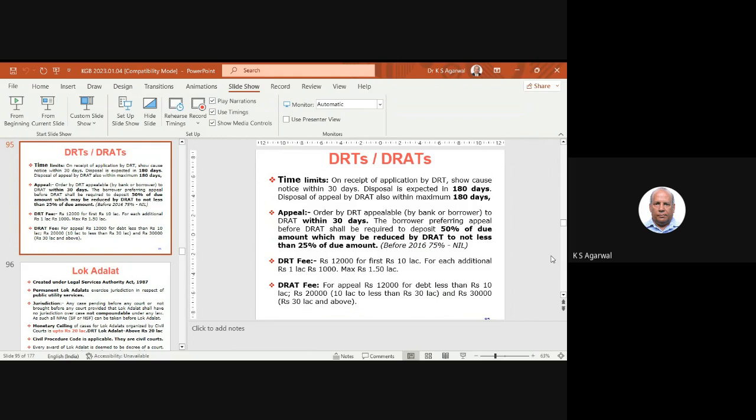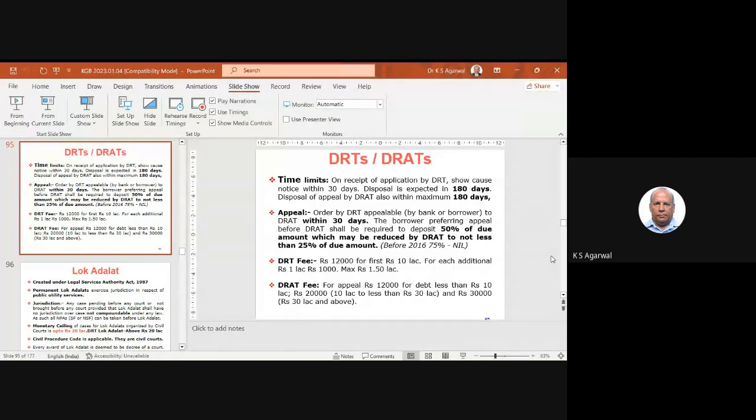Now, in appeal, bank can file appeal, borrower can file the appeal. So we can go to DRT within 30 days, right? But if the borrower wants to go to DRT, then he has to deposit certain money, which will be 50% of the due amount, which may be reduced by DRT to not less than 25%.